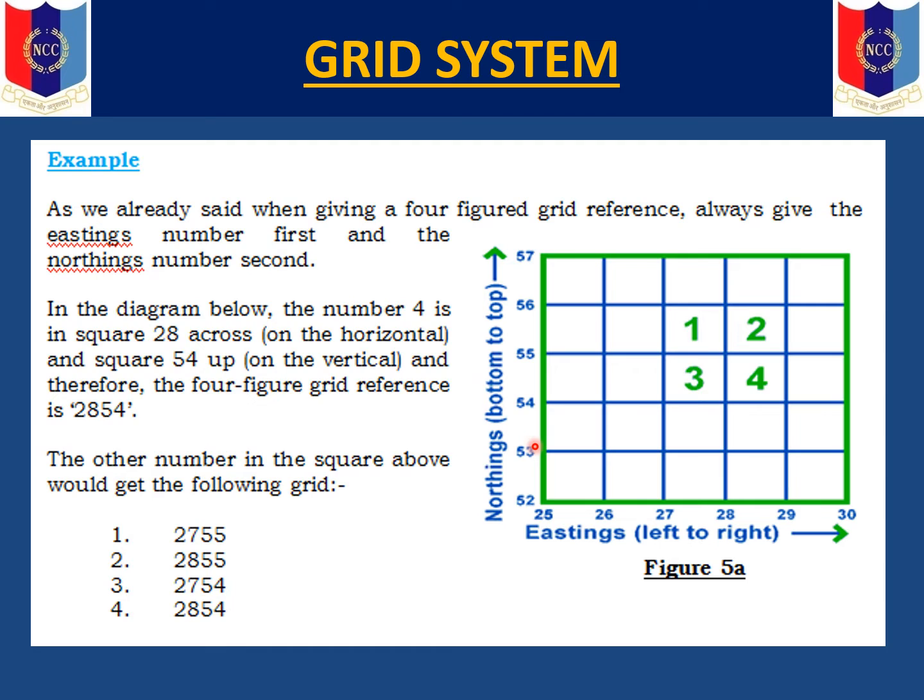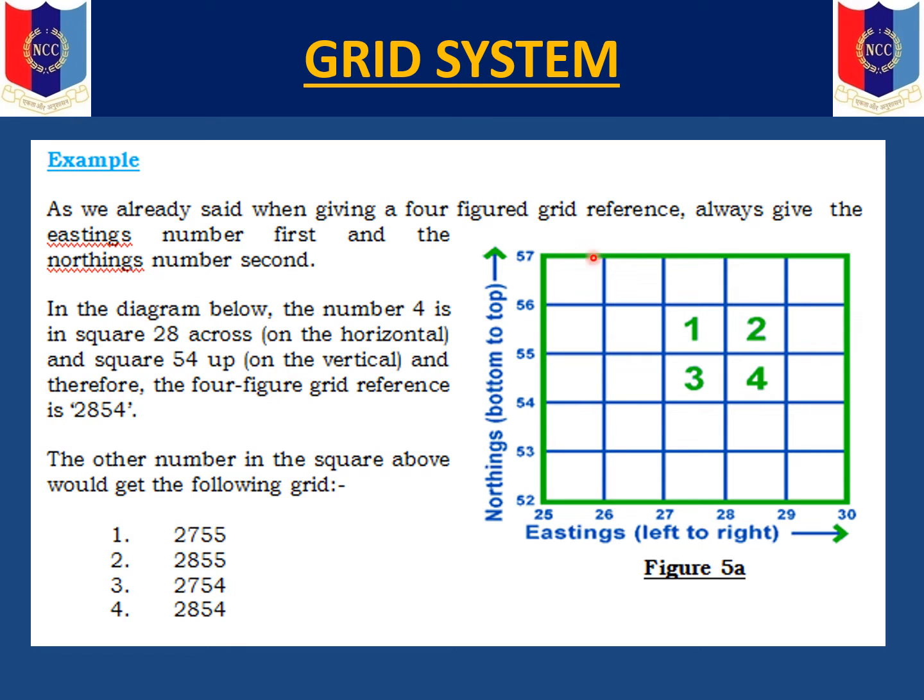Now let's learn how to give the reference of a grid. For example, this is a topo sheet bounded by the eastings, which are the vertical lines, and the northings, which are the horizontal lines.